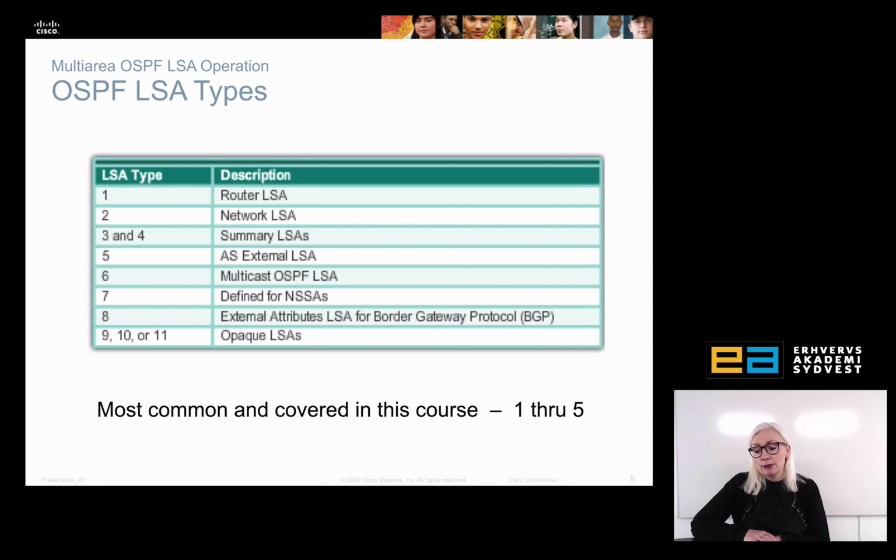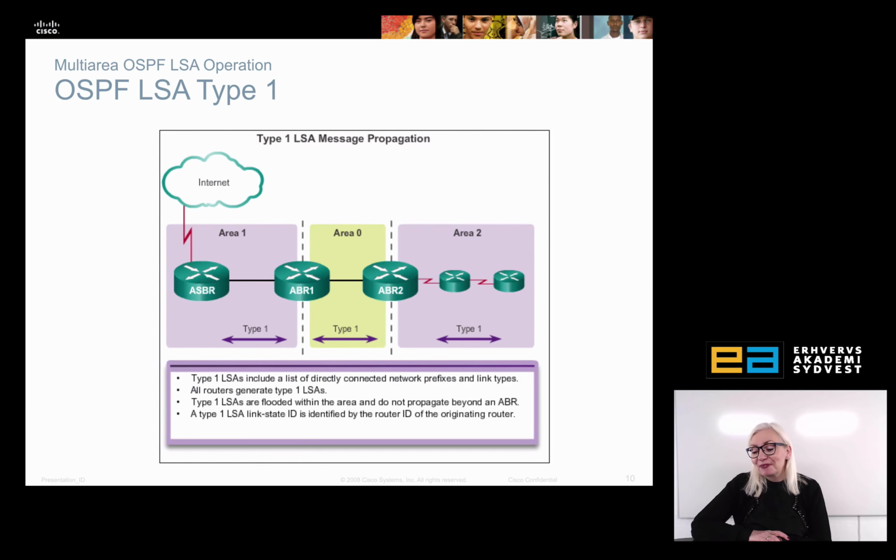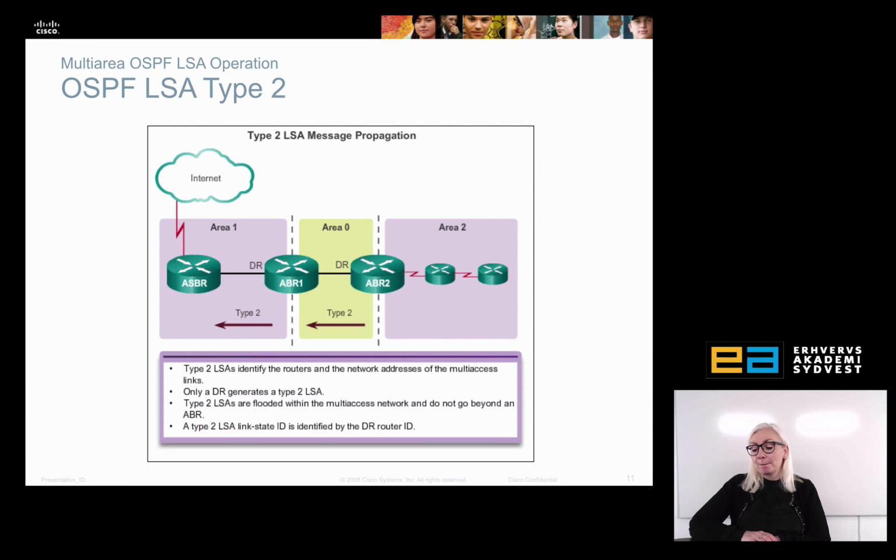So we have type 1, which is a router LSA, where we send connections to our directly connected networks, the network prefix and what kind of link we have. All routers generate these type 1 LSAs. They will never be propagated beyond an ABR. So these are updates that are sent within each area, not between them.